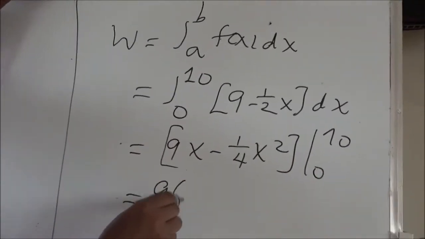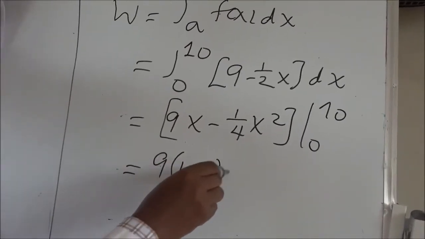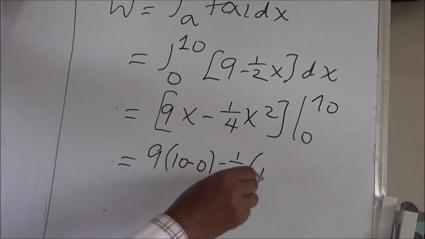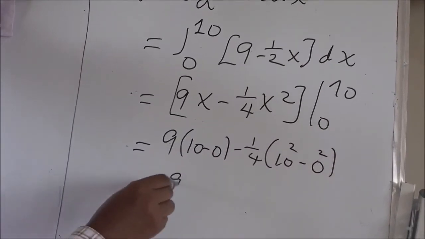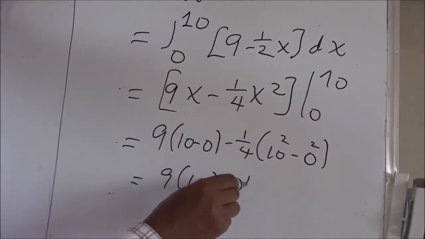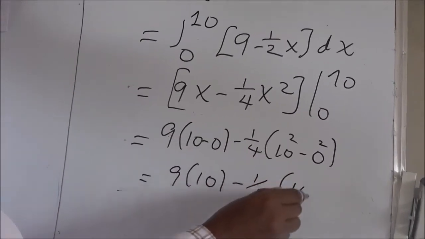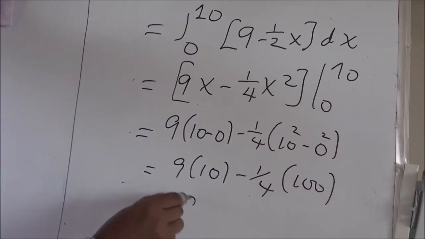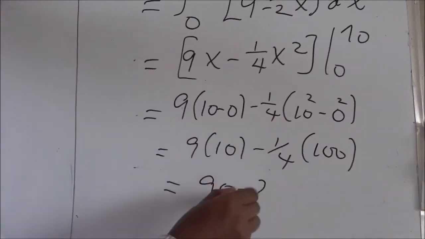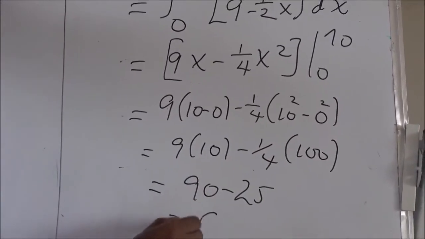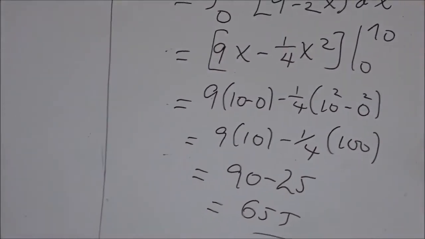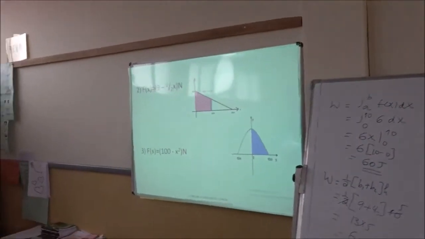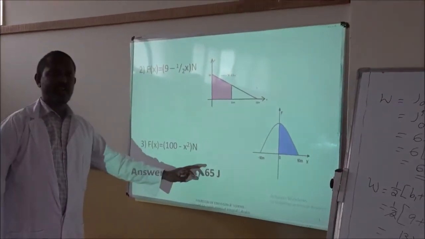So, 9 times 10 minus 0, minus 1 over 4, 10 squared minus 0 squared. 9 times 10 minus 1 over 4 of 100. So 90 minus 1/4 of 100 is 25. 90 minus 25, 65 joule. The same result. So the work done will be 65 joule.